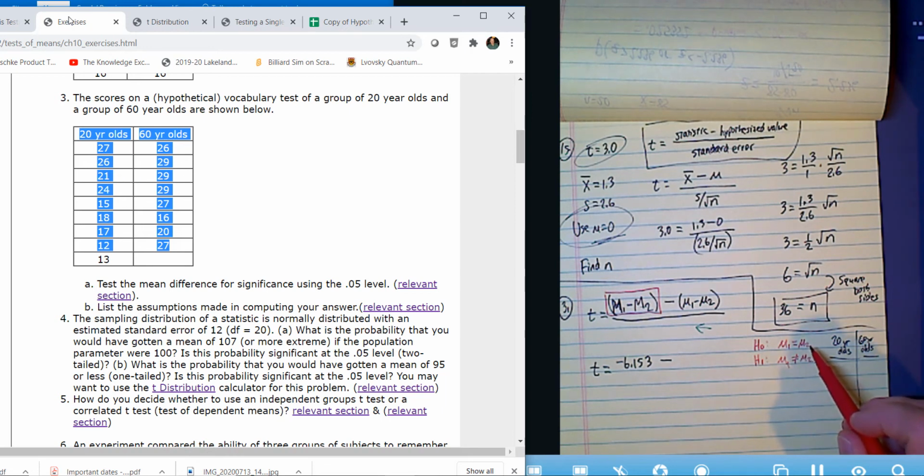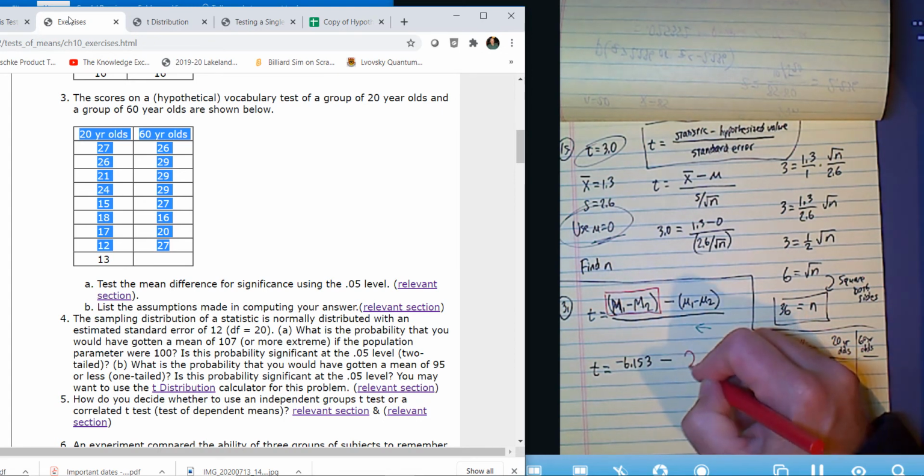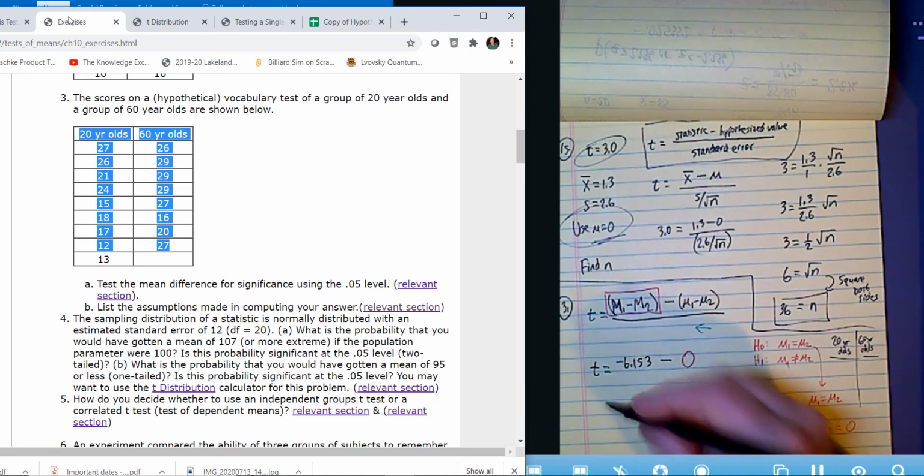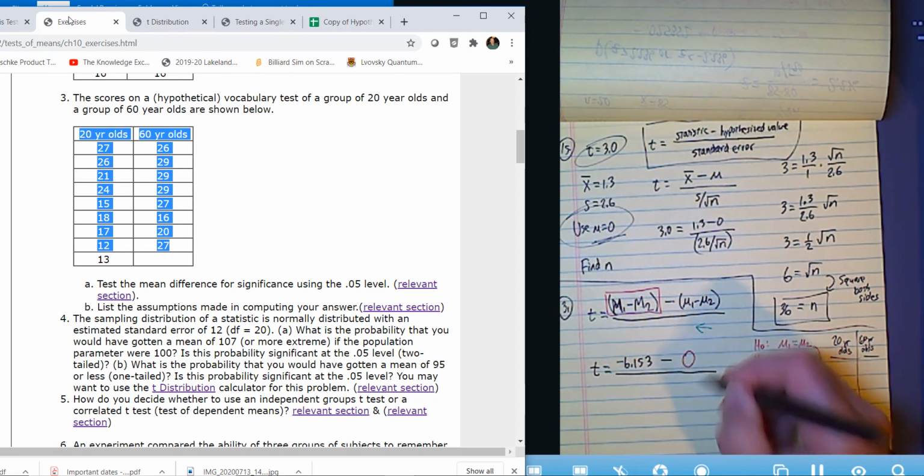So we're trying to figure out if we would reject the null hypothesis. So you put the hypothesized value here. Well, here's the thing, guys. If mu1 were to equal mu2, you could subtract mu2 from both sides, right? And if you did, you would get mu1 minus mu2 on this side, and you would get 0 on that side. So here's another example where the hypothesized value is 0, and this is not an uncommon occurrence.